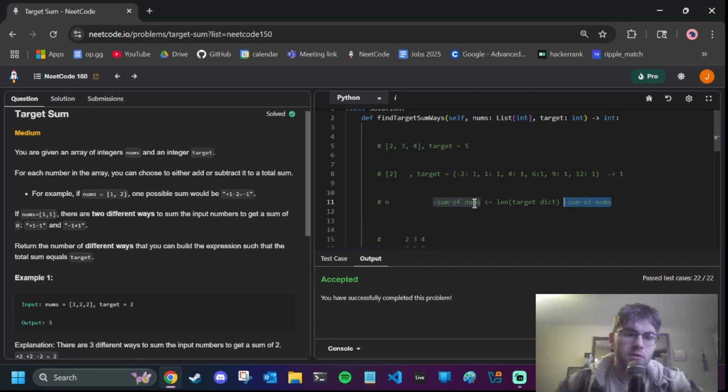Well, actually, now that I think about it, you can't have a negative length. So in other words, the minimum value would be that, and the positive value would be the sum of the numbers. So that means the length has to be less than or equal to 2 times the sum of the numbers.